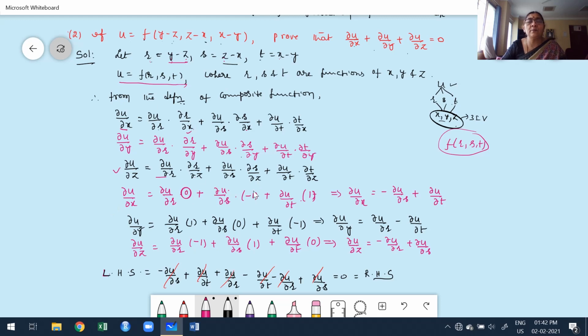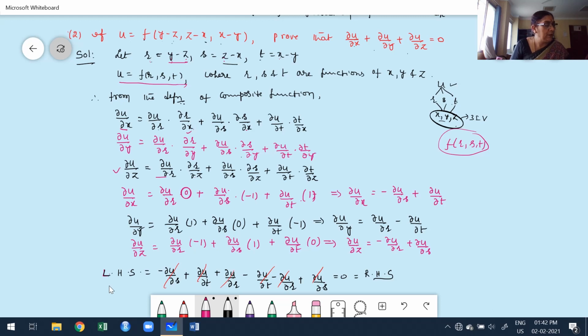We can't substitute dou u by dou r, dou u by dou s and dou u by dou t, because we are just given u is a function of r, s, t. We leave it as it is and then we write the values of r, s, t with respect to x, y, z. Then we take the LHS of the given problem, substitute and simplify, and automatically we get the right hand side. I think that is clear.